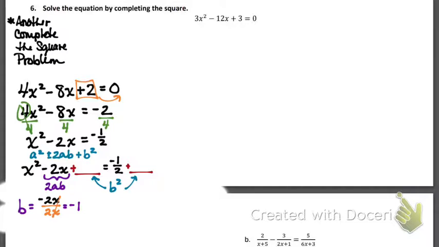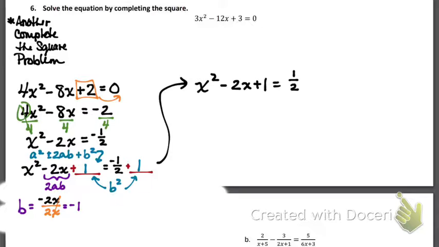I'm trying to figure out what this piece is right here. What is negative 1 squared? 1. So I'm going to add 1 to both sides. So I have x squared minus 2x plus 1 equals 1/2.